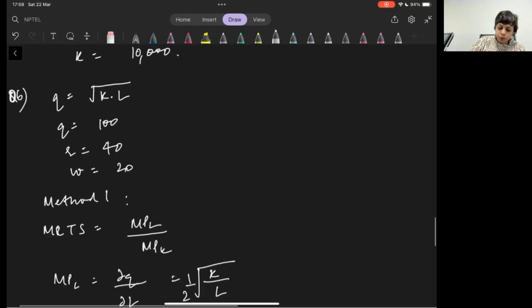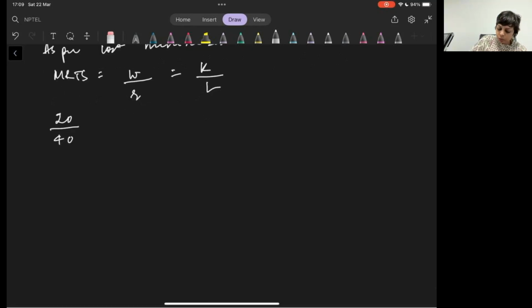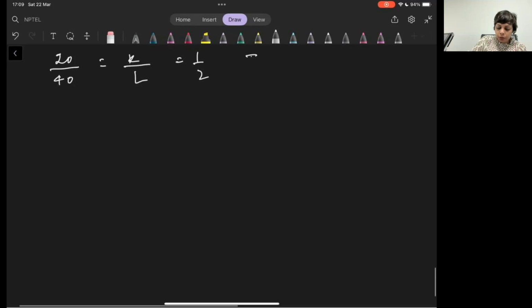This is 20 upon 40, which is equal to K by L is equal to half. So you can derive the relation between the two variables from here. K is equal to L by 2, right? This is not too difficult.